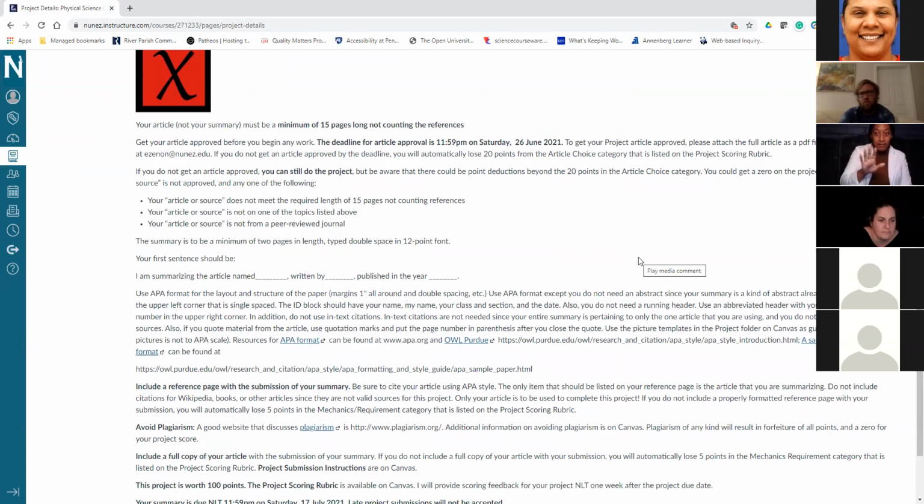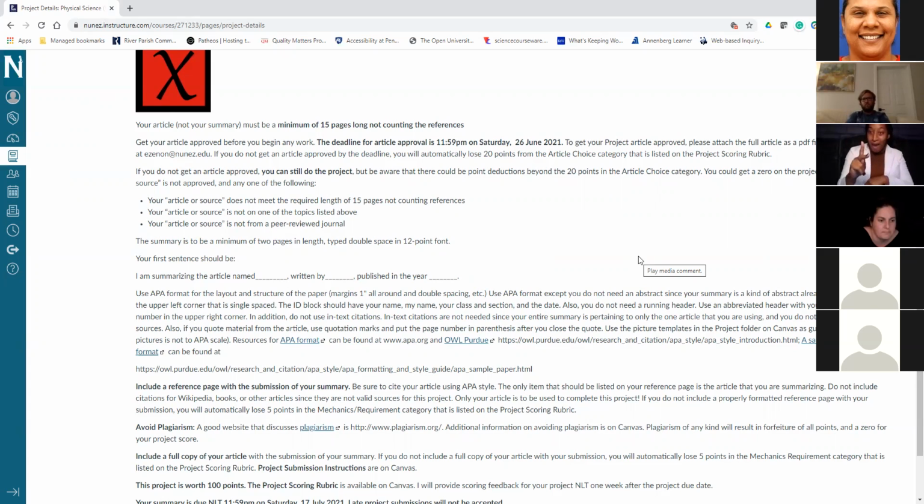Also, you do not need in-text citations. If you are doing a research paper where you had to use multiple sources, then that would be appropriate. But your summary is supposed to be on the article that you got approved, and that's it. You don't have any other sources for this summary.